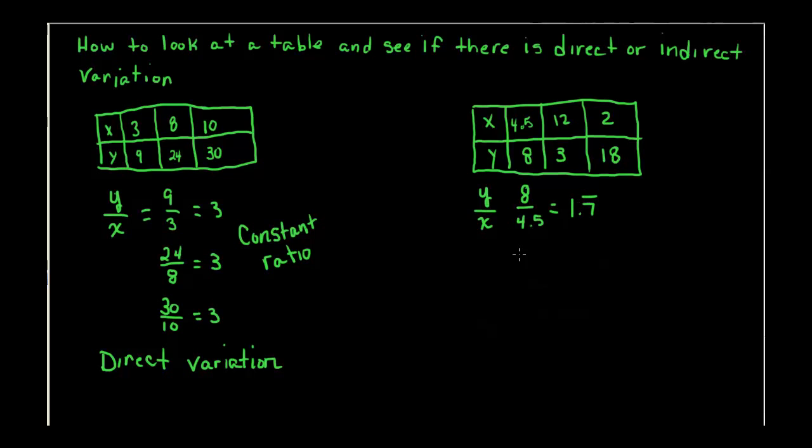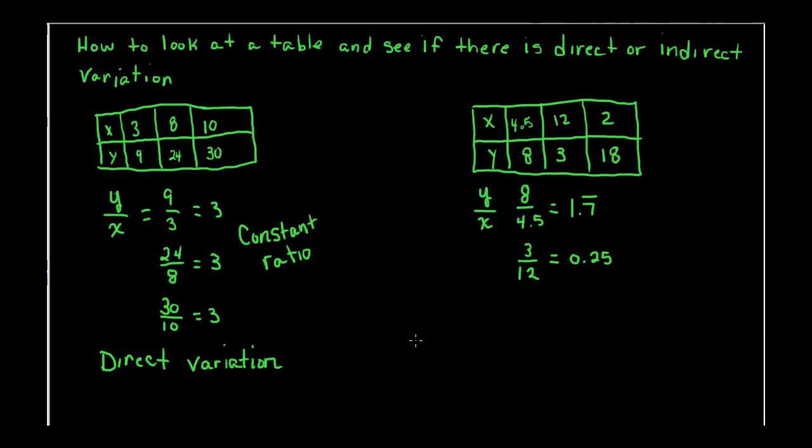The next one is 3 to 12, which is 25 hundredths. As we can see, our ratios are not the same, so we do not have a constant ratio. So we do not have a direct variation.